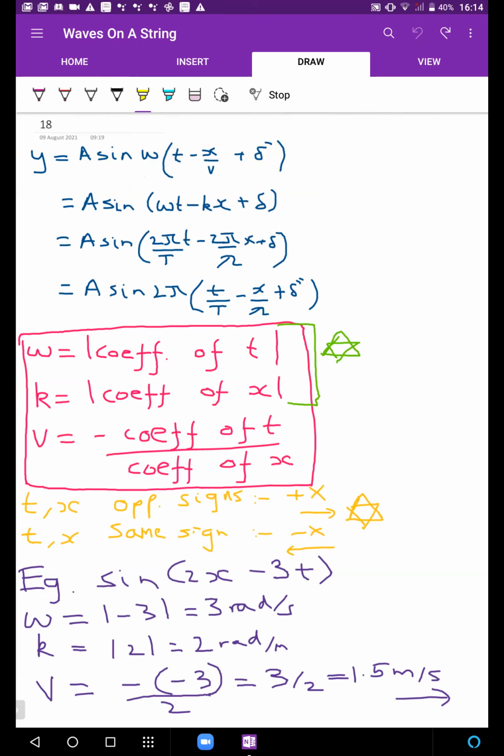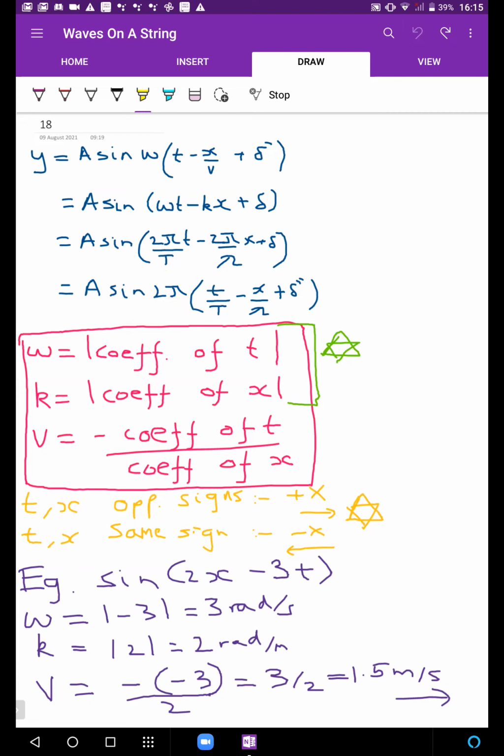So कभी just watch out, कभी time का coefficient कुछ brackets के अंदर होगा और bracket के बाहर भी कुछ चीज होगा. Don't forget to multiply them. ठीक है. कुल मिलके time का जो coefficient है, when everything is multiplied, that is the magnitude of omega. उसका mod लोगे तो that will give you omega.